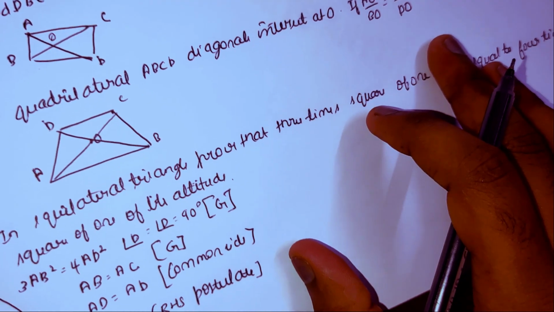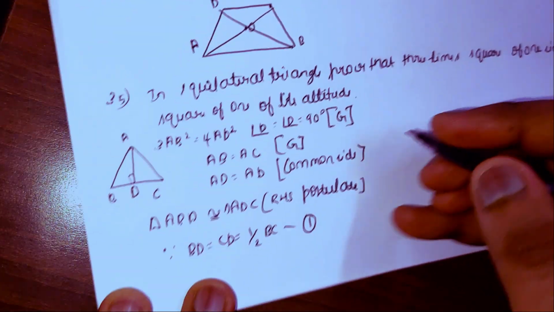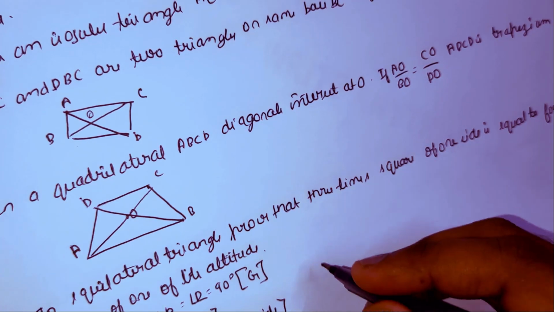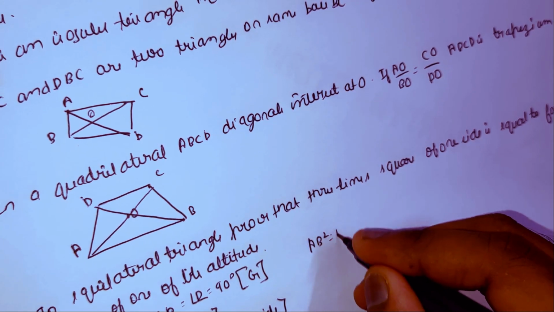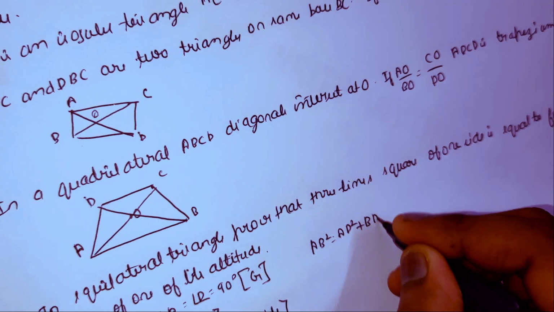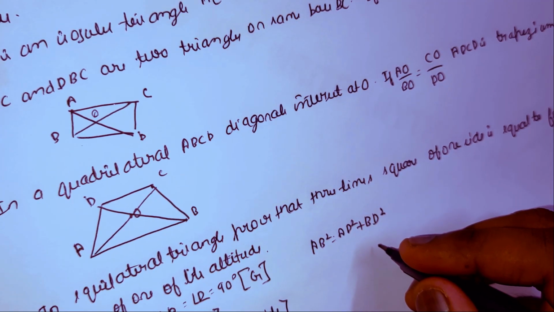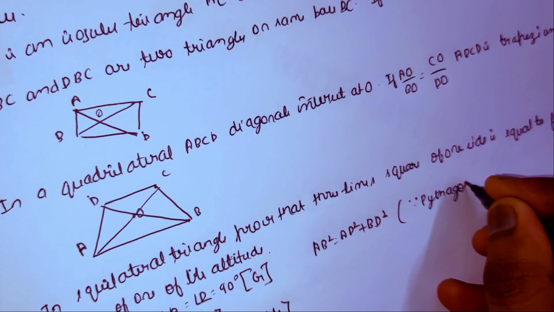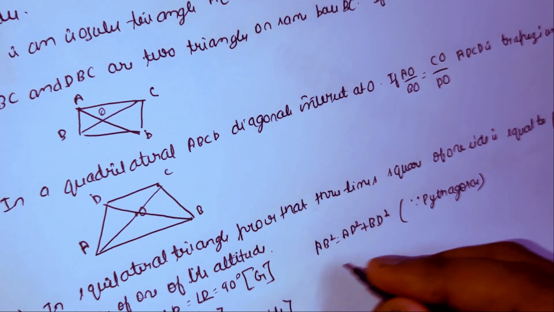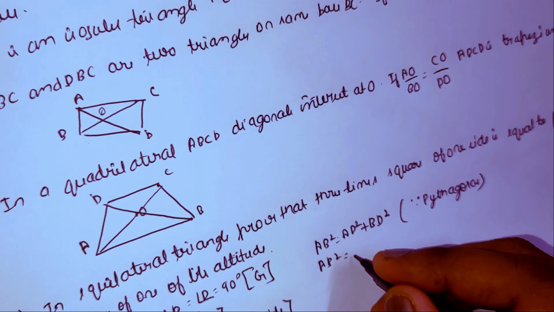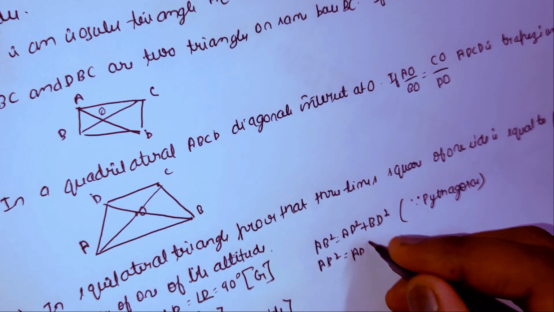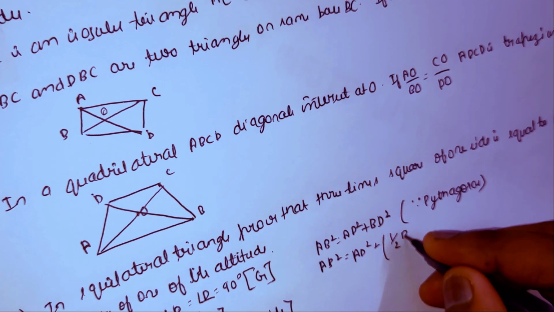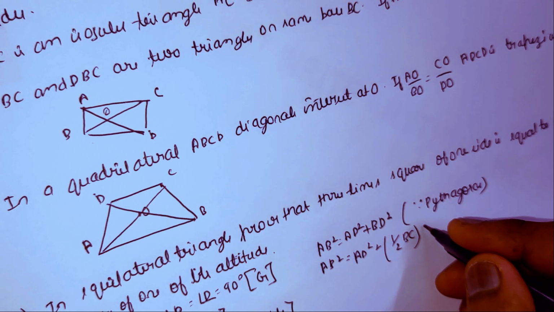Now in right angle triangle ABD, AB square is equal to AD square plus BD square by Pythagoras theorem. Instead of BD, substitute half BC by the first equation.